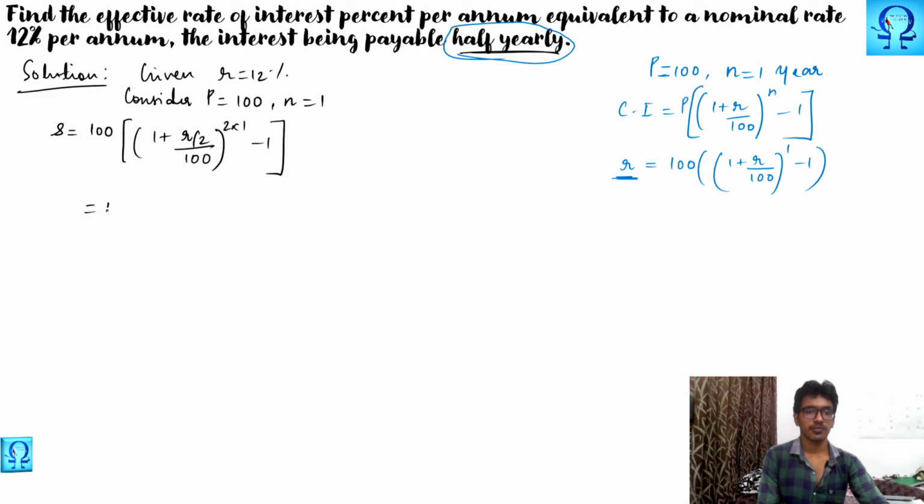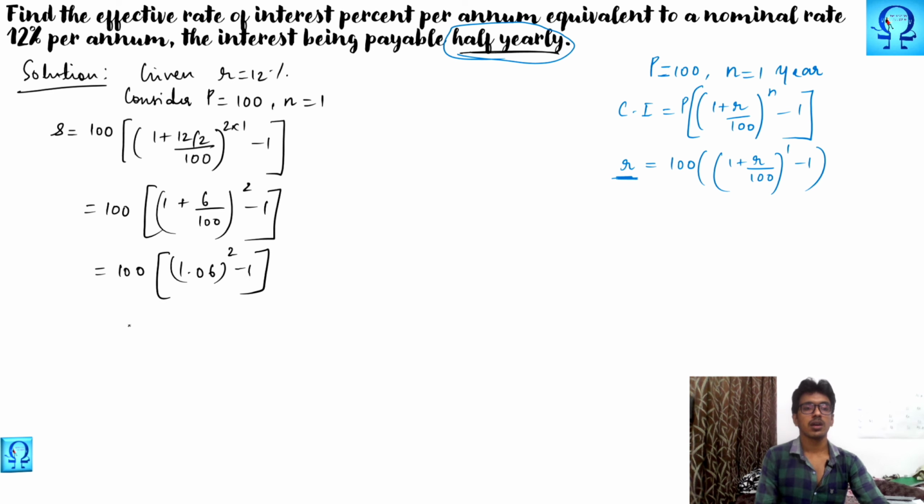So this we have. So 100 times of, we know r is 12, so it is going to be (1 plus 6 upon 100) whole square minus 1. So this is 100 times of 1.06 whole square minus 1. And if you calculate this value, that is 1.06 square minus 1, that is 0.1236, right? So 100 into 0.1236, it is going to be 12.36.